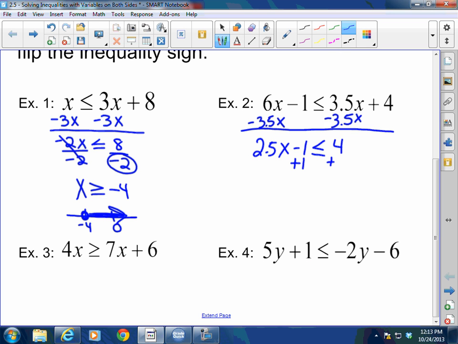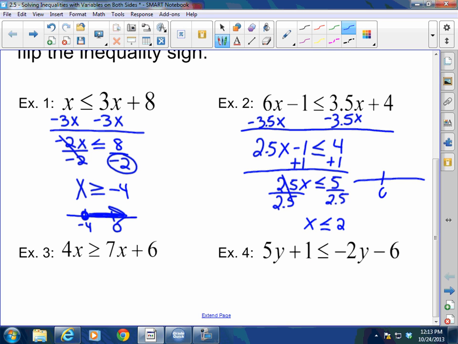Add 1 to both sides: 2.5x is less than or equal to 5. Cancel multiplication with division, so I divide by 2.5. So x is less than or equal to 2. Close circle on the 2, less than or equal to, shaded to the left.